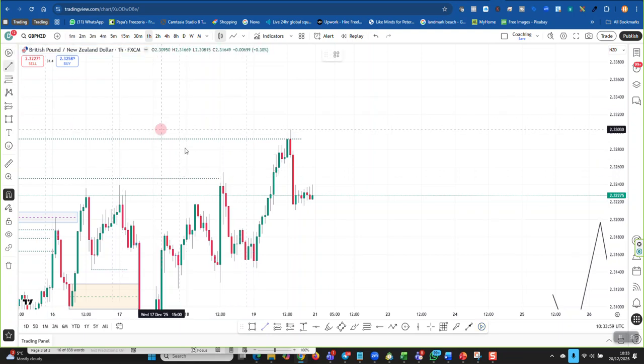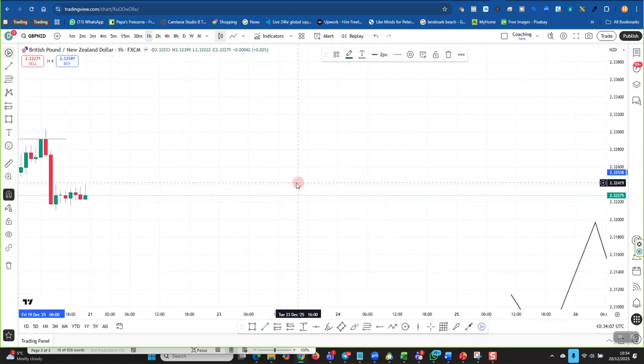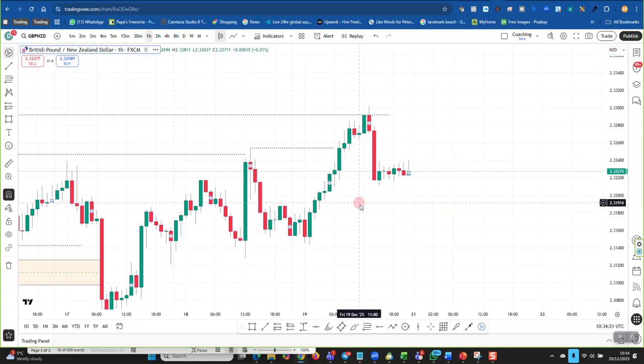Now, you look at this, it is a very good example here. So this was an area of liquidity. The first candle that came through it gave us some sort of rejection, but that rejection did not hold. Now we would know whether this was a sweep of this liquidity if we had bearish candles forming here. But that's not what we got.